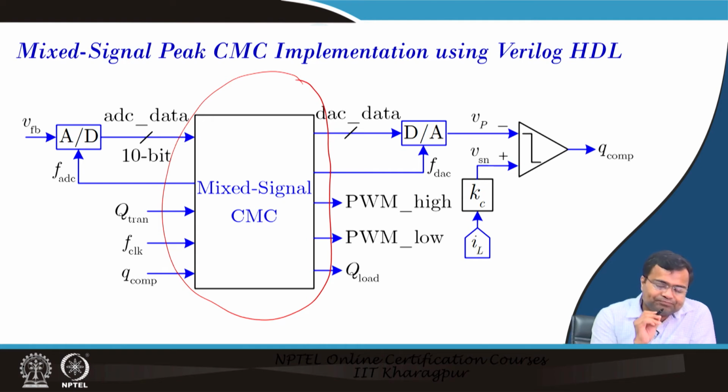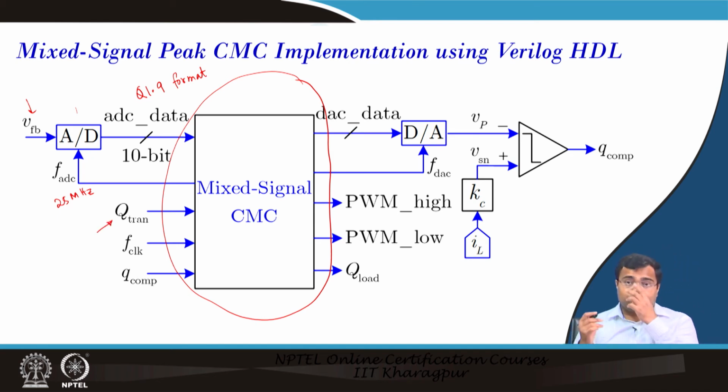In the FPGA we want to implement this block that we have discussed. What is this? We have a feedback voltage and there is an ADC. ADC requires a clock, and we are sending a 25 megahertz clock, 10 bit data, in Q1.9 format. Okay. Q-tran is the type of transient, whether you want to use load transient or the reference transient, that we have discussed.